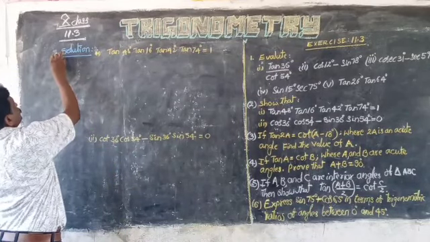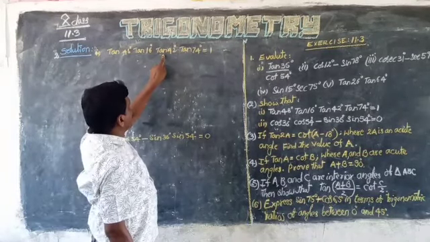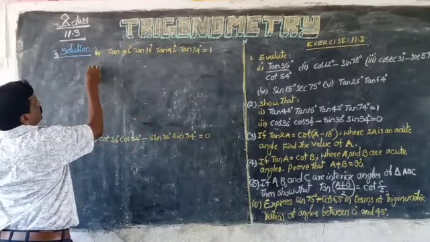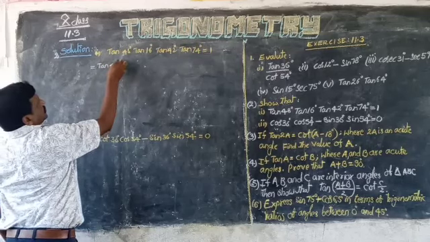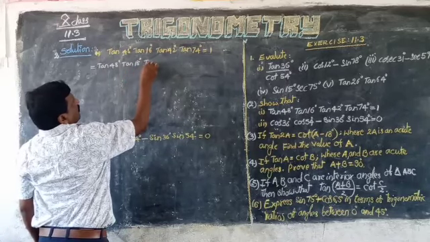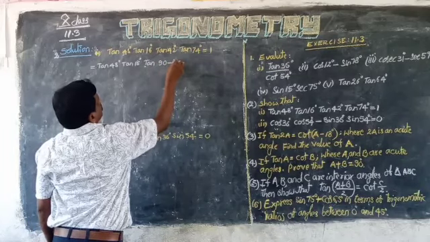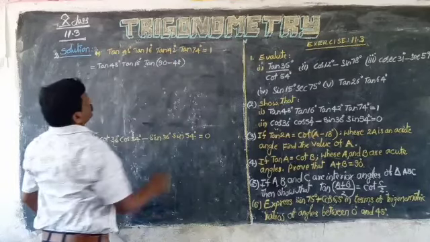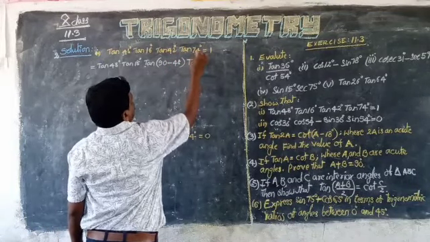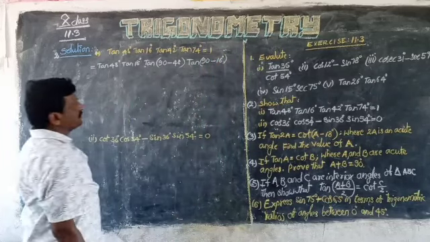Second sum: show that tan 48 into tan 16 into tan 42 into tan 74 is equal to 1. Tan 42 is tan 90 minus 48, since 90 minus 48 is 42, as well as tan 74 is tan 90 minus 16.